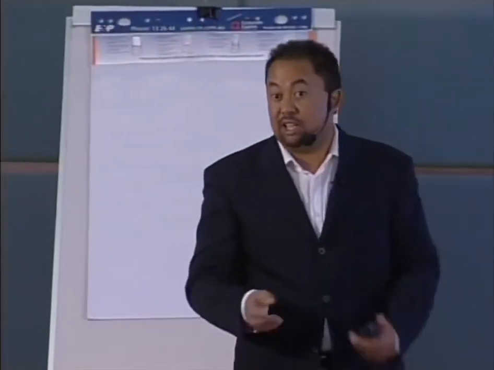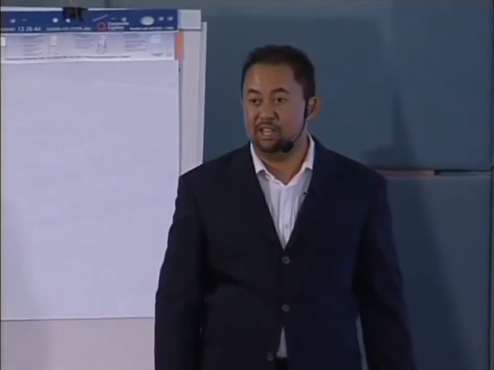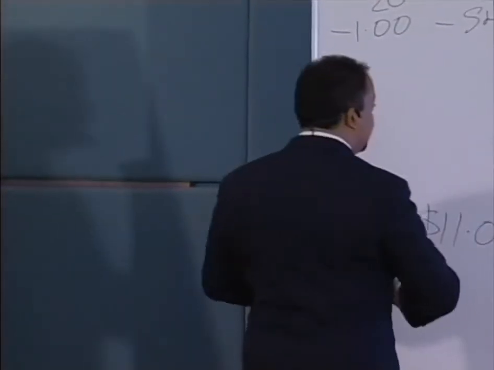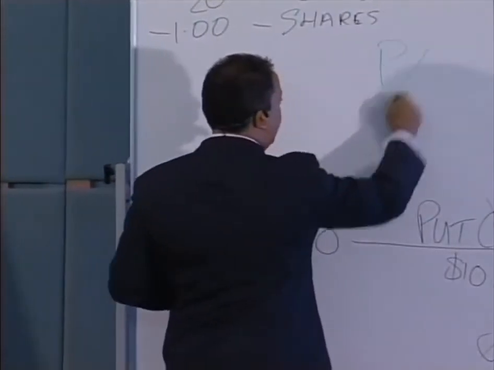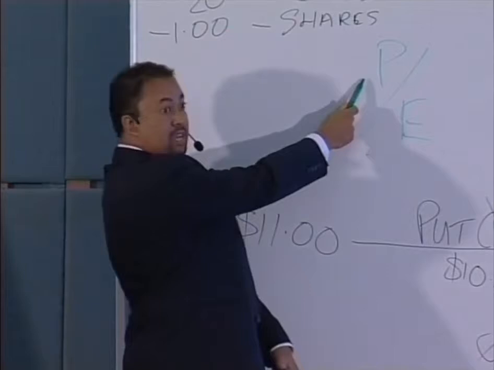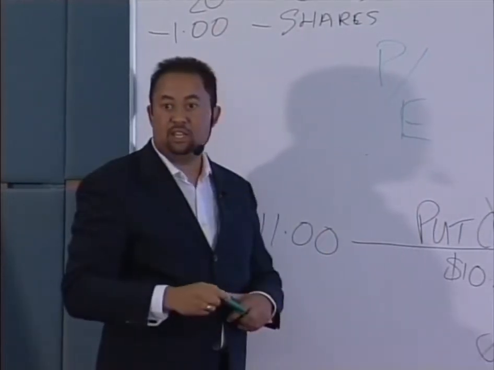So any earnings, in other words, the profit of that company, is yours for the proportion of shares that you own in the company. So therefore, the PE ratio is simply a comparison of how much you're paying in price for the share in relation to the earnings per share.